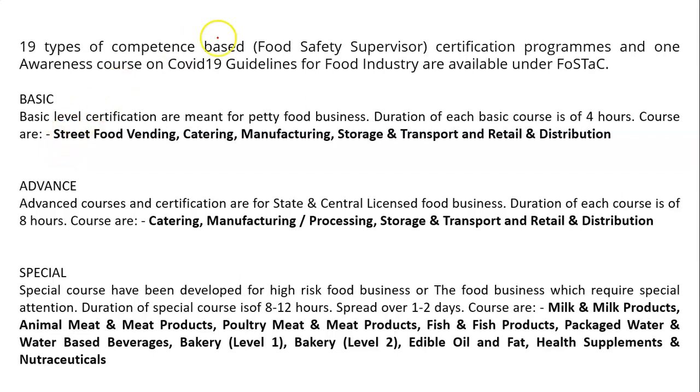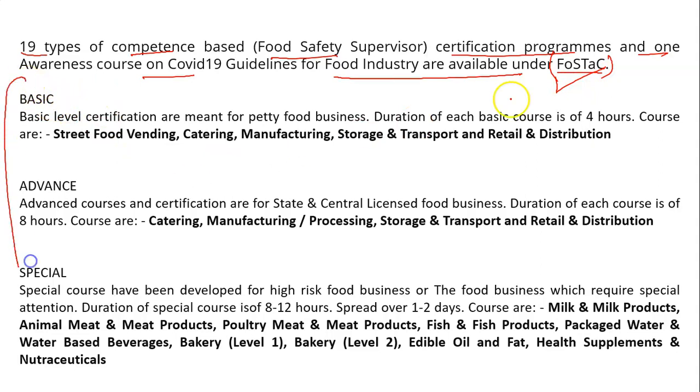First of all, this basic level certification is under the course: 19 types of competence-based food safety supervisor certification programs and one awareness course on COVID-19 guidelines for the food industry are available under this 4-track. These are divided into 3 parts: basic, advanced and special.